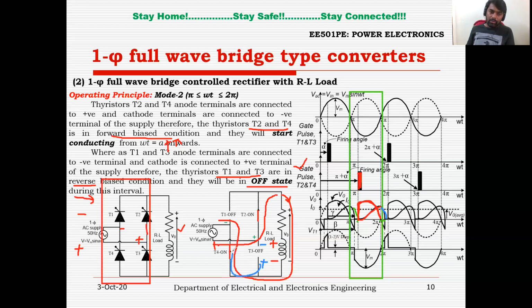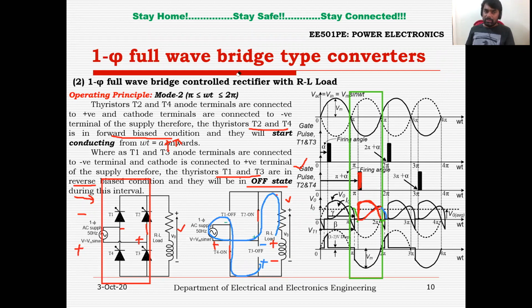Thyristor T4 anode, T4 cathode, source, right? T2 anode, T2 cathode, resistance R, inductor negative. You can see with blue color mark. So this is the direction of current, which is leaving from the inductor back to the source and to inductor negative.